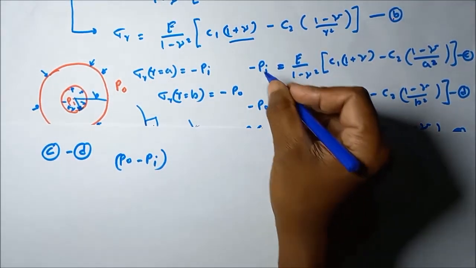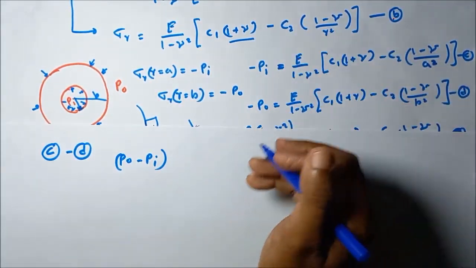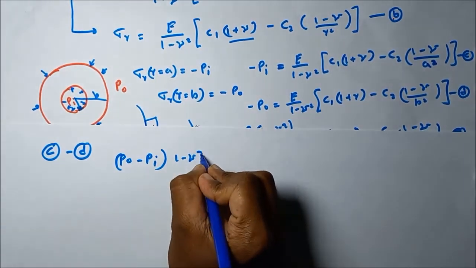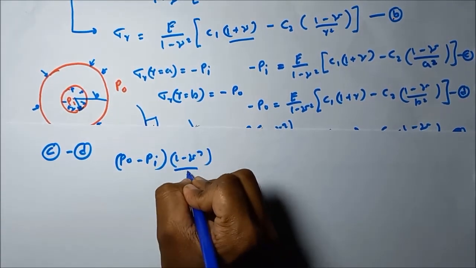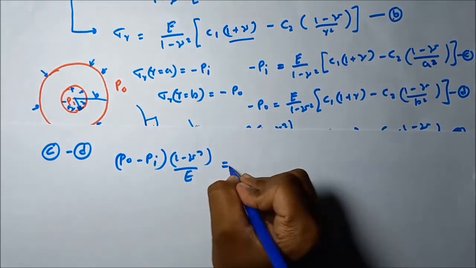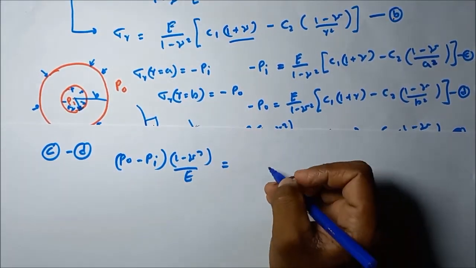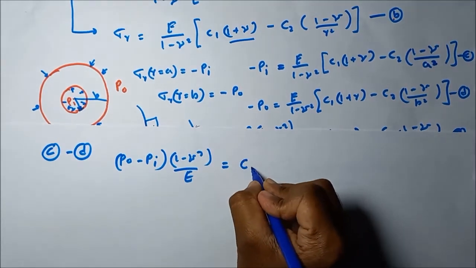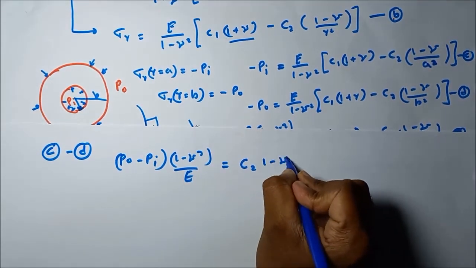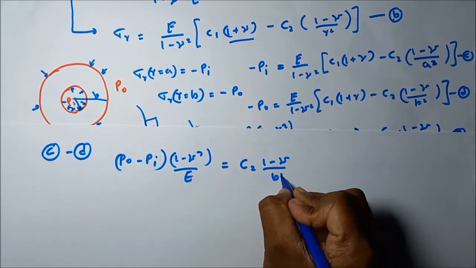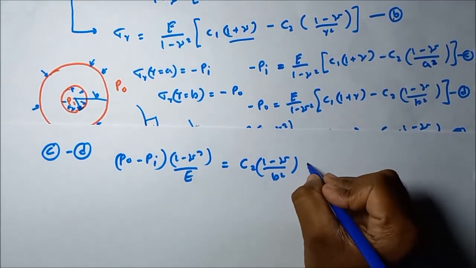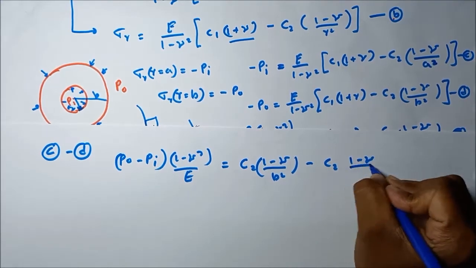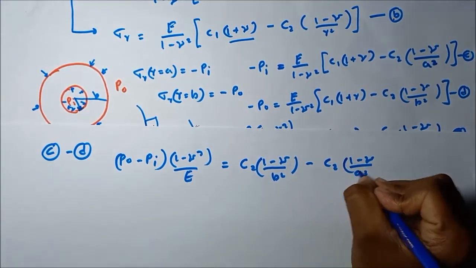I'm going to multiply at the same time by 1 minus nu square divided by E. We can cancel out these two, so we are remaining C2 (1 minus nu) divided by b square minus C2 (1 minus nu) divided by a square.